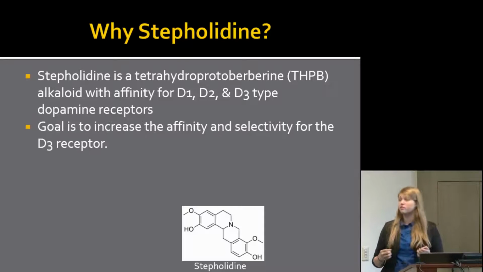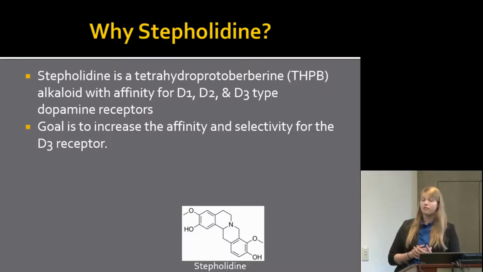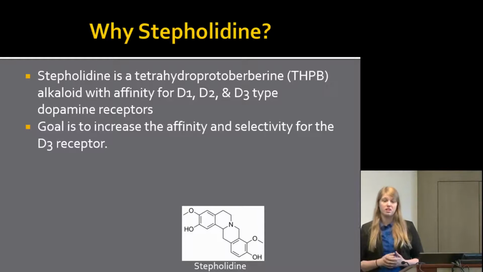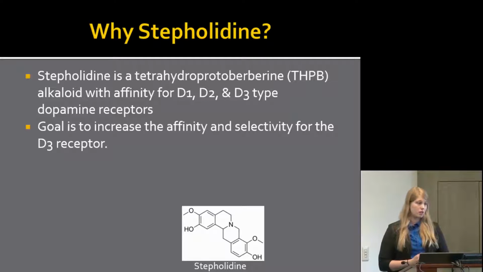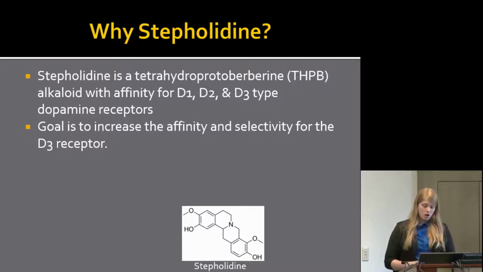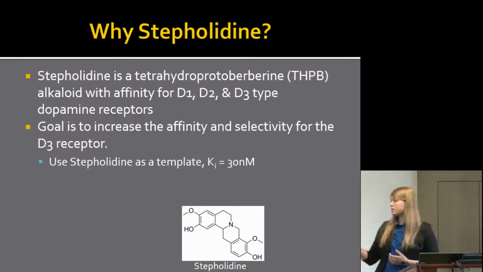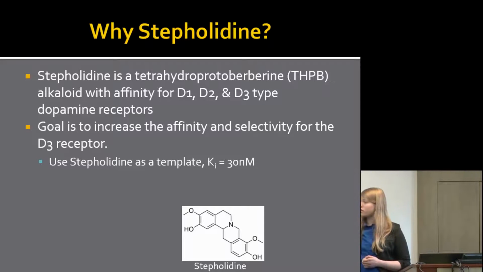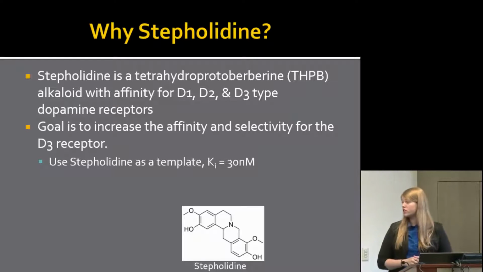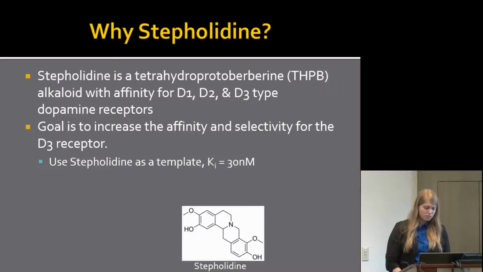However, we want to selectively get it to have better affinity for just D3, because D3 is what's implicated in cocaine abuse and addiction. Stepholidine has been seen to have a reasonable affinity for this receptor at low concentrations. However, it's still not potent enough to be used as a drug for pharmaceutical use.